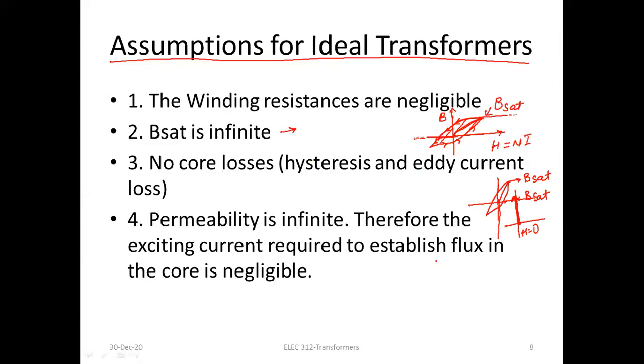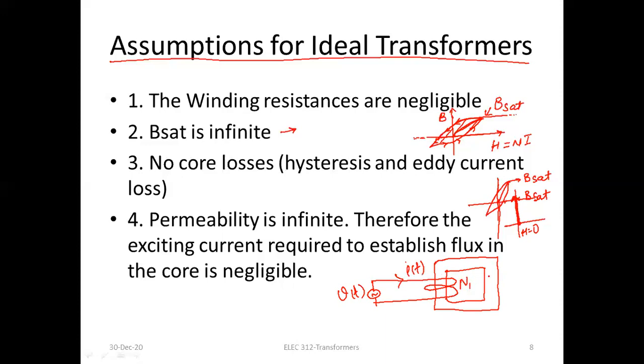So what does it mean? If the saturation is infinite, what is the practical meaning? The practical meaning is, suppose this is your transformer, and this is the voltage applied, then current starts to flow in the primary.